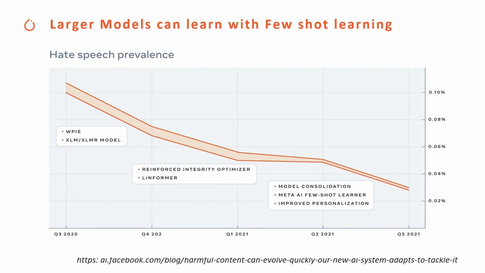One good example is the Meta AI few-shot learner model, which we use for hate speech prevalence. Here it is able to correctly detect posts versus the traditional systems which were not able to successfully analyze these before, and helps reduce the prevalence of harmful content on our platform. It does this by proactively detecting potentially harmful content and preventing it from spreading on the platform.